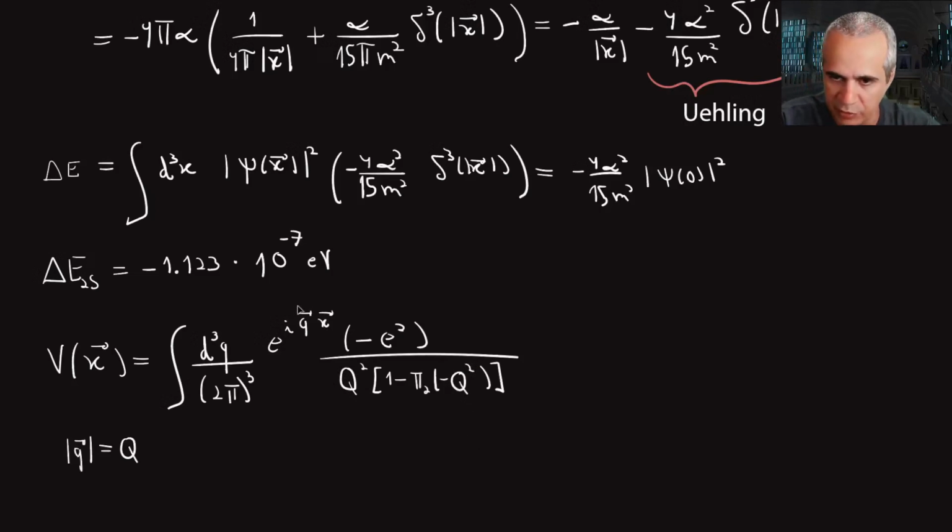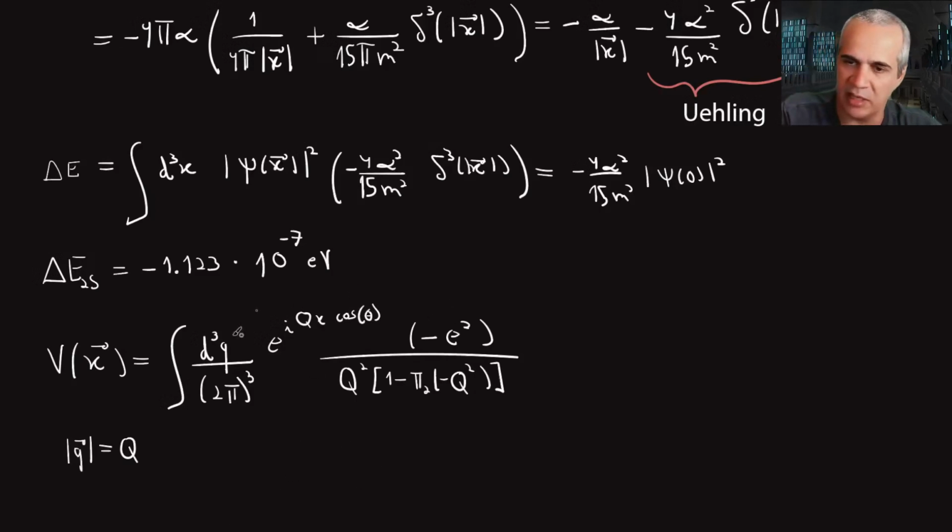And up here I want to fully write this scalar product as Q x cosine of theta, which is the angle between these two vectors. Now I can do this integral in spherical coordinates. This is just rewriting these in spherical coordinates and integrating the cosine.